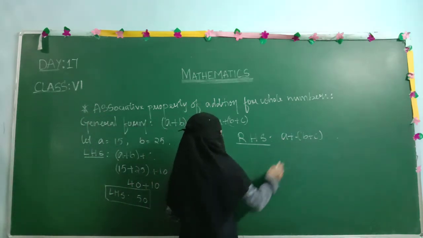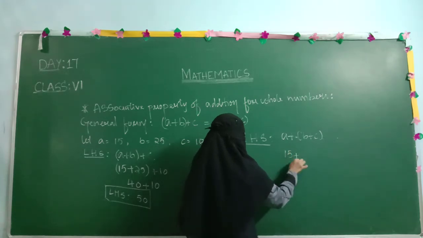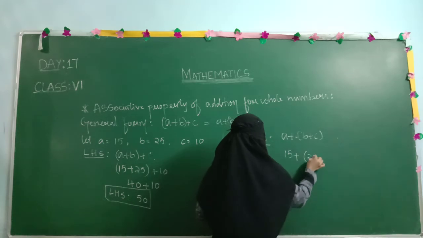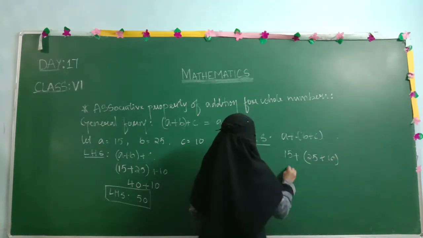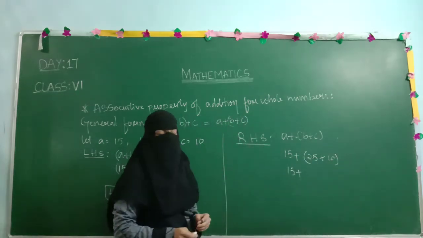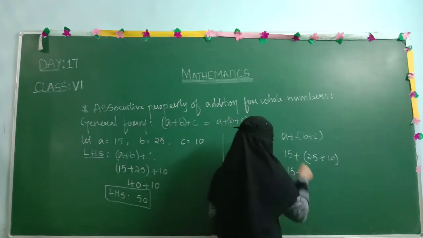So A plus of B plus C, the value of A is given as 15, plus of B, the value is given as 25, plus C is given as 10. Again we solve first the terms present within the bracket. So 25 plus 10 is nothing but 35.